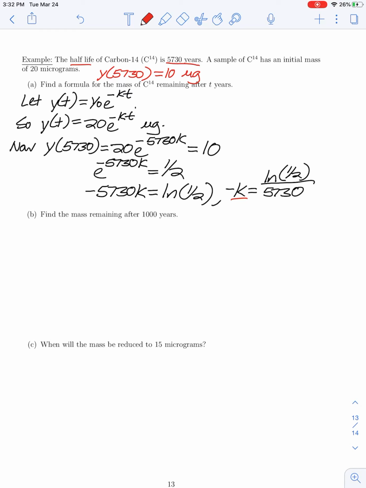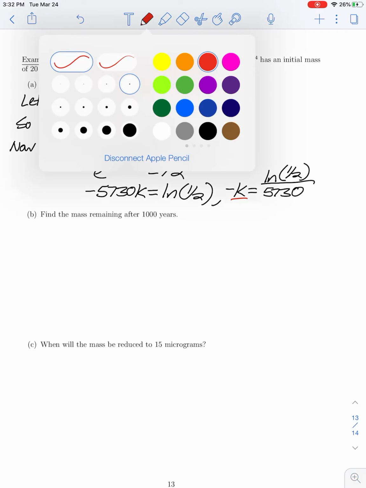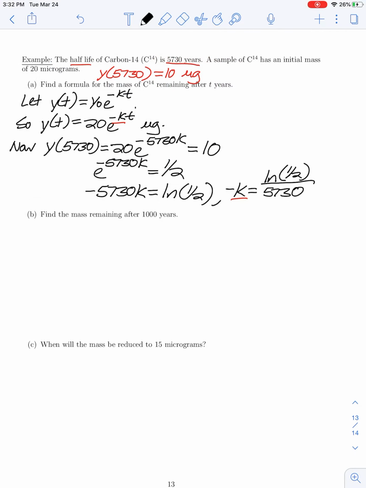Now, once we have this expression for negative k, we can substitute it into the expression that we had for y of t earlier in this example.